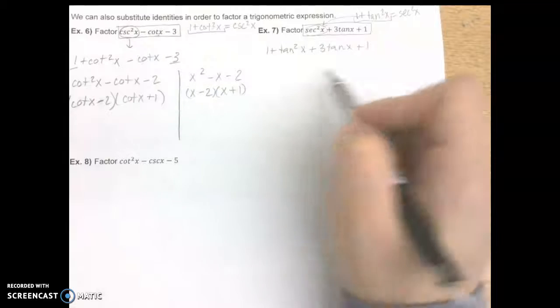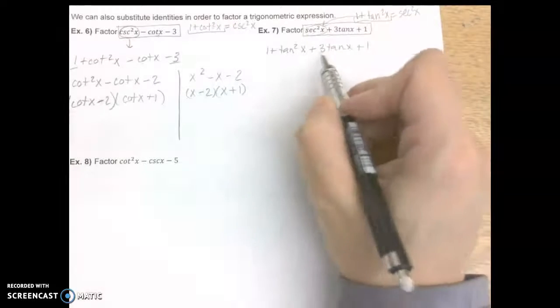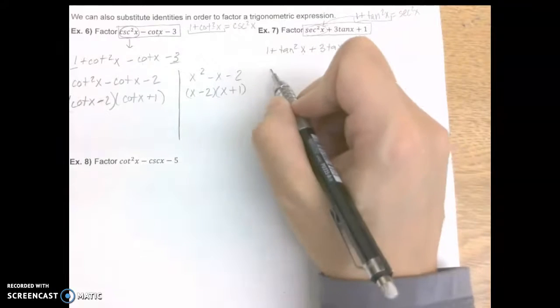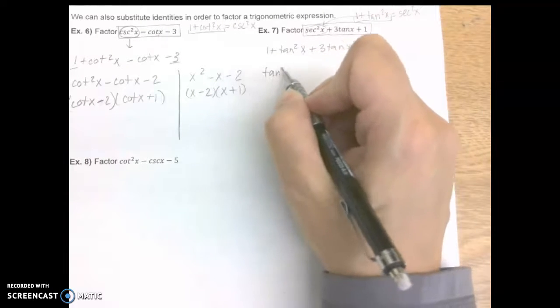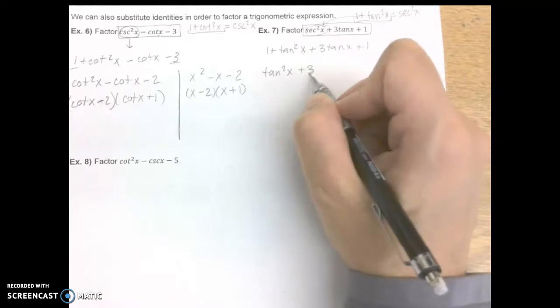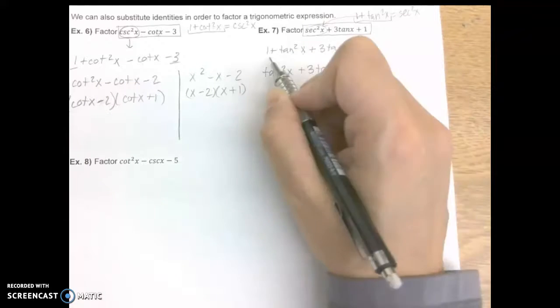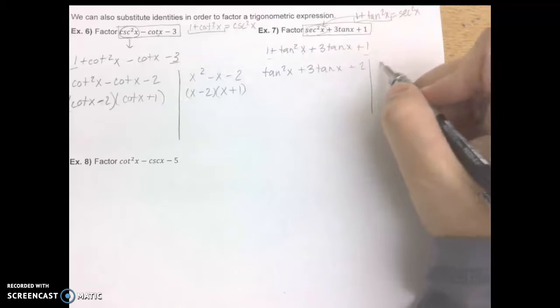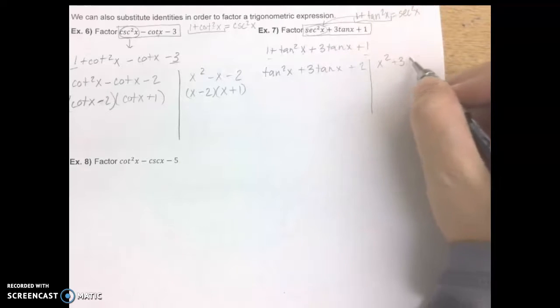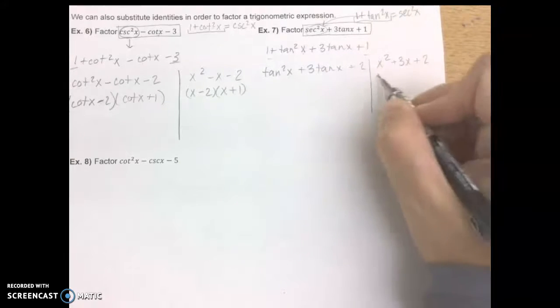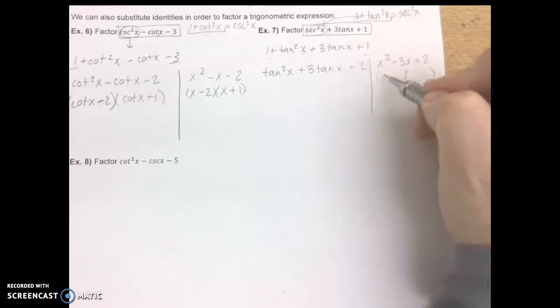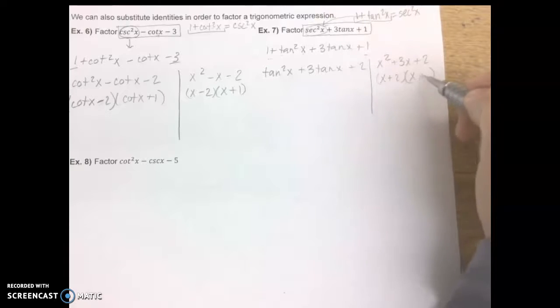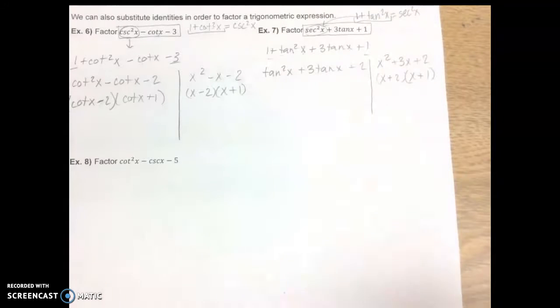Okay, then I want to, of course, combine like terms and get it into standard form. Squares lead, tangent squared x plus 3 tangent x plus 2. Okay, so that's going to be like an x squared plus a 3x plus 2. And I can factor that into x plus 2, x plus 1.